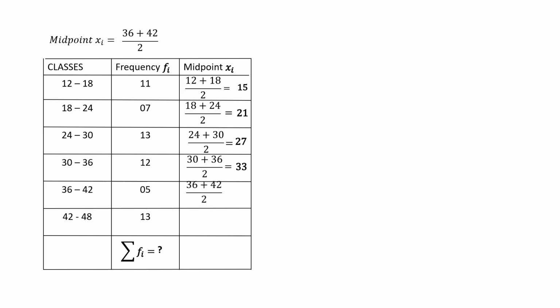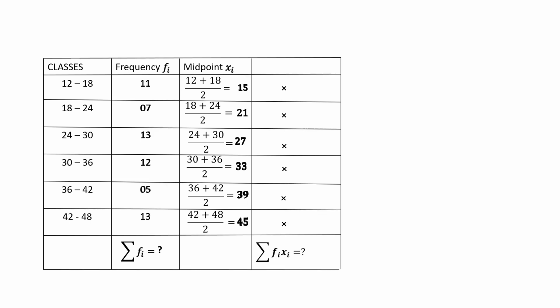For class number 5, the lower boundary is 36 plus the upper boundary 42, divided by 2 equals 39, and finally the last class, 42 plus 48 divided by 2 is equal to 45.